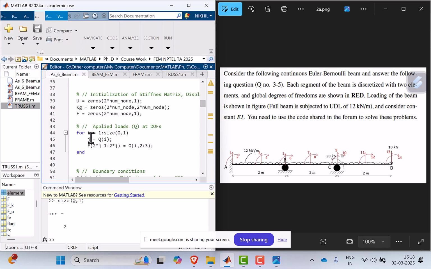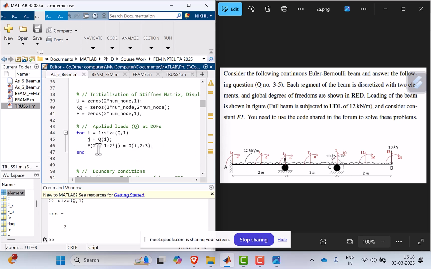Since we get j as 5, the fifth node, counting 1, 2, 3, 4, 5, has degrees of freedom 9 and 10. So F will store the value of -20 in the 10th degree of freedom and 0 in the ninth.